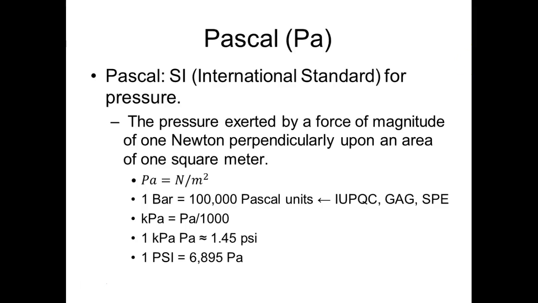So Pascal, we'll look at this in Pascal. This is the international standard. The pressure exerted by a force of magnitude of 1 Newton perpendicular upon an area of 1 square meter. And this is the international standard. Now the problem we have is that newtons are really, really small. So 1 psi equals 6,895 pascals.